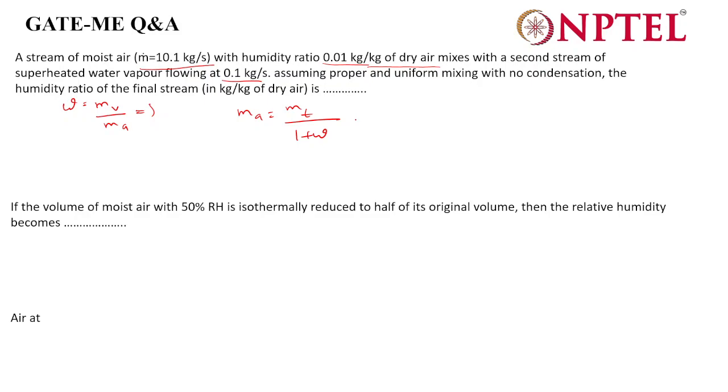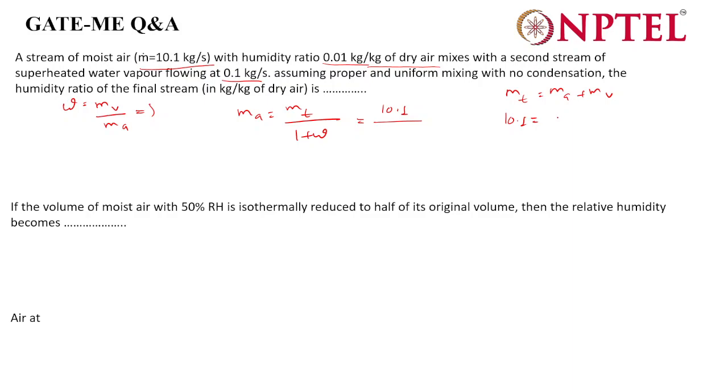Sir, here the mass of moist air is given. Yes, sir. No, sir, I use that formula. It is not really a formula. Mass of moist air will be equal to mass of dry air plus mass of water vapor. That also you can use. Total mass would be the mass of air plus the mass of vapor, and the mass of moist air is given.